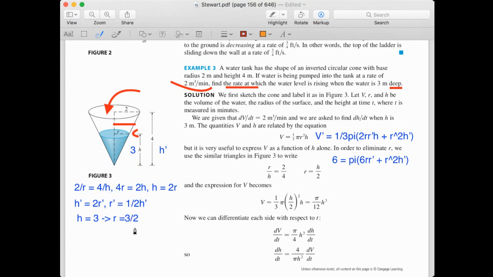Well, let's substitute into this. So now 6 equals pi times 6 times r. R is 3 over 2. Right? 6 times 3 over 2, that's 9. Then what's r prime? R prime is half h prime.